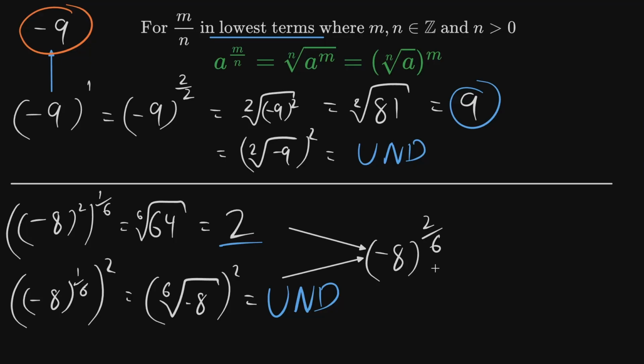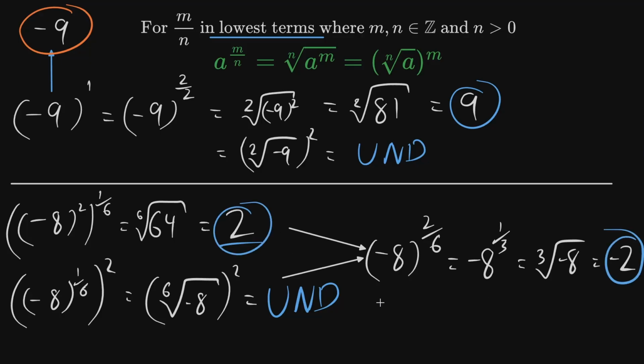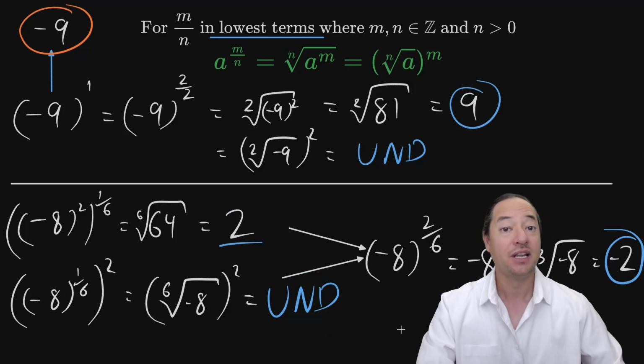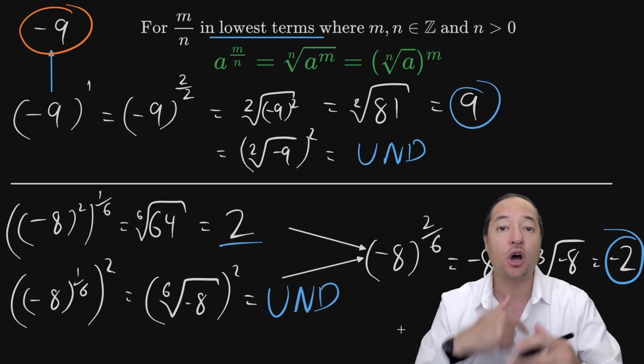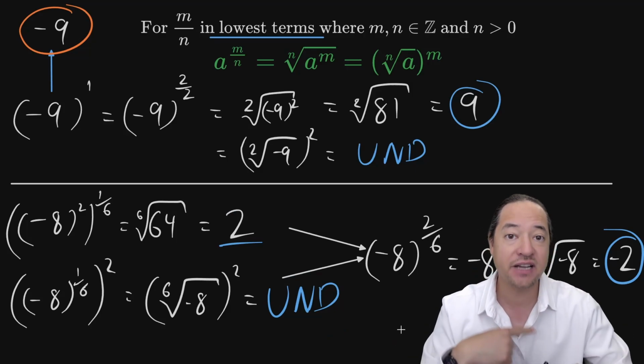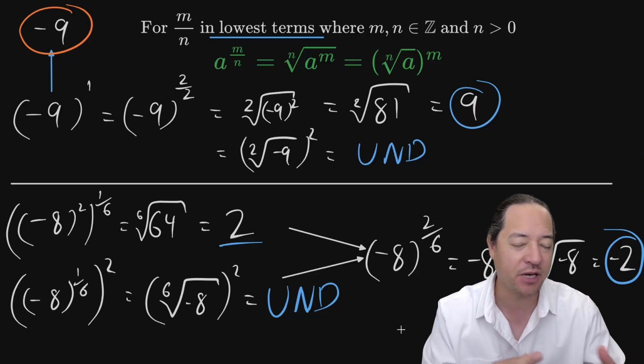And if you were to simplify this fraction, you would get negative 8 raised to the 1/3 power, right? 2 over 6 is the same as 1 over 3. And if you were to operate now with that, you would get the cube root of negative 8, which is negative 2. Negative 2 is not positive 2. It's not undefined. And so what we've done now is an oversimplification, where we've kind of lost information and we've actually changed what the result is going to be.